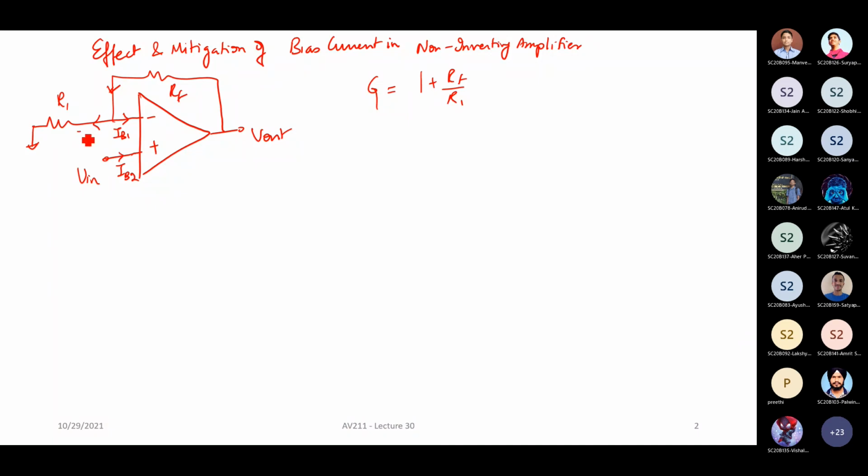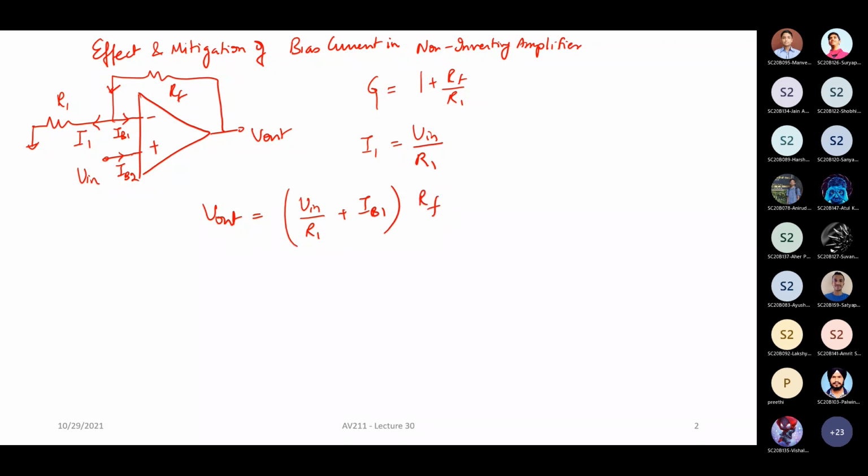So we can write that the current that flows here, let's call it I1. I1 is basically Vin by R1, and you also have IB1, and therefore Vout is basically nothing but Vin by R1 plus IB1 multiplied by RF.